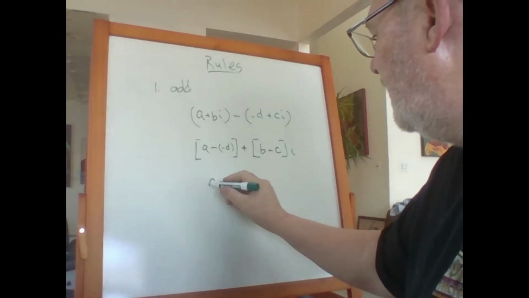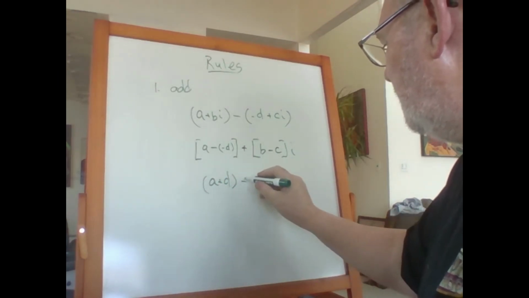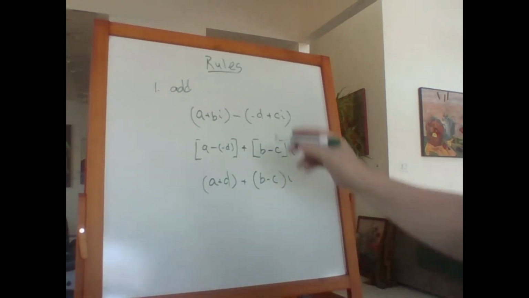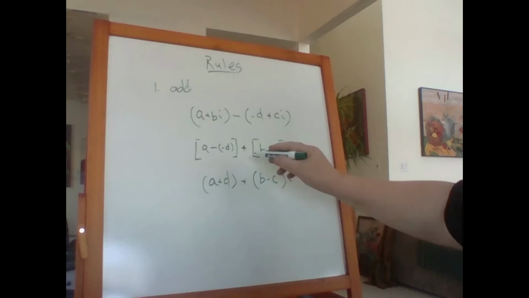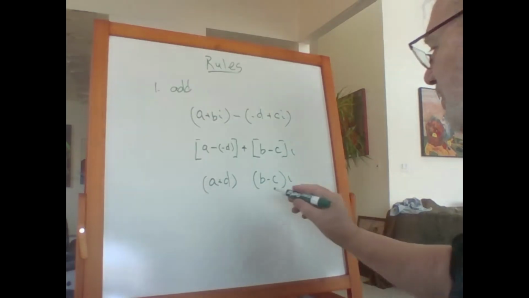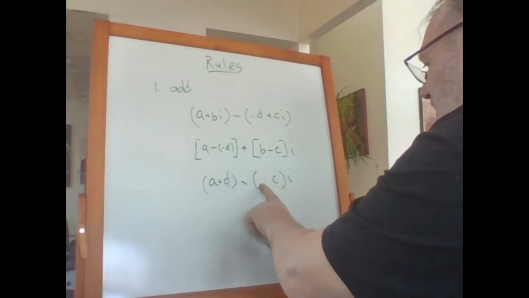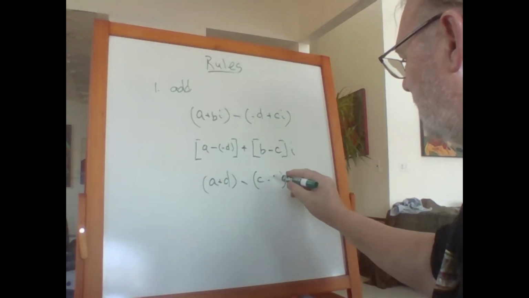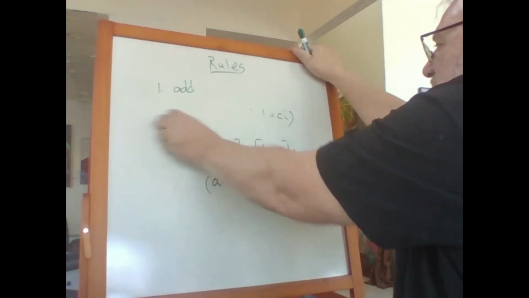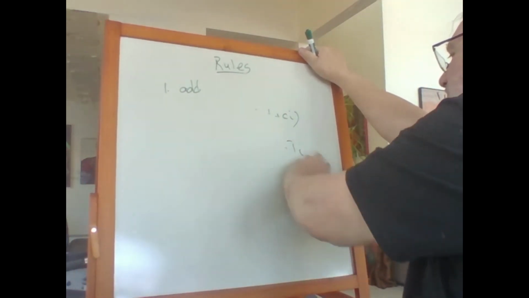So what do we have here? We have a minus d plus (b minus c)i. You see what I mean by we have to be careful? We have to make sure that we're consistent with the signs. If we're going to change this, then we have to reverse the order like that. So we just have to be careful of what we're doing. That's a key thing in addition and subtraction of imaginary numbers.